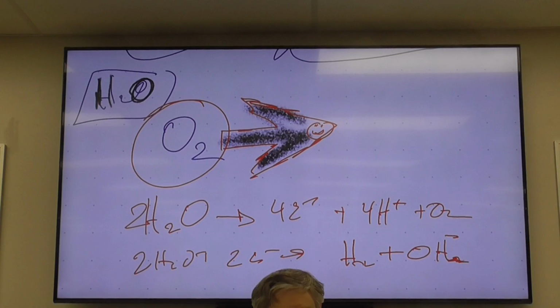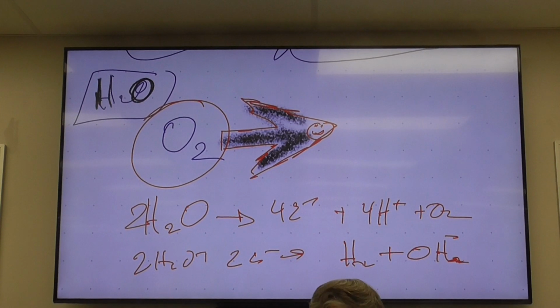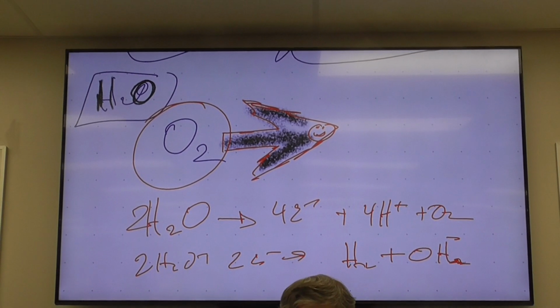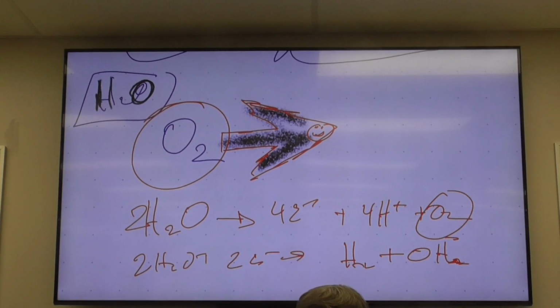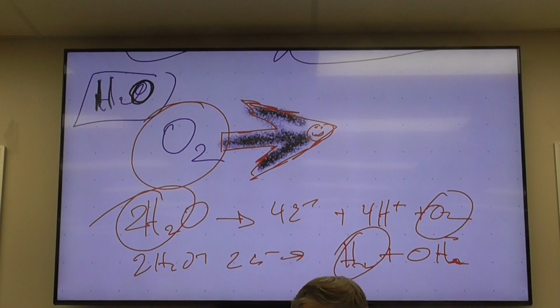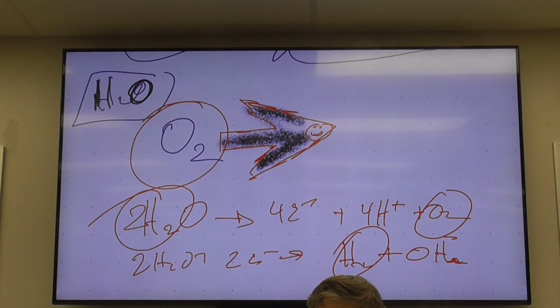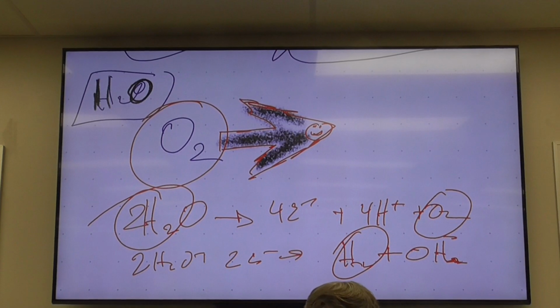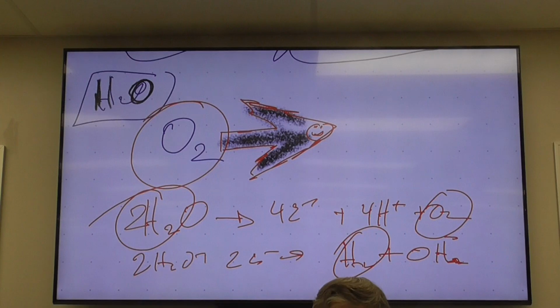So here's the fundamental difference. And there's 2 visual clues that you can tell whether you're producing oxygen or hydrogen. One is, if you look at the molar ratio of water, you have 2 moles of hydrogen to every 1 mole of oxygen. So when you decompose water, guess what?